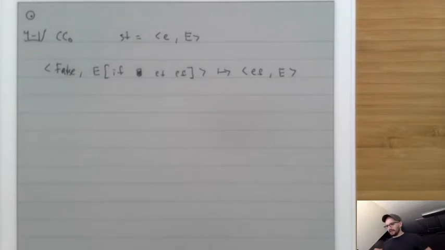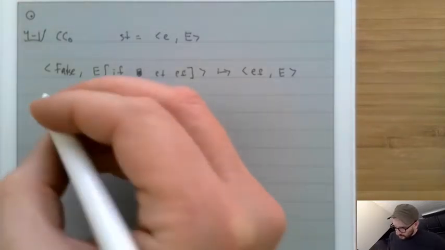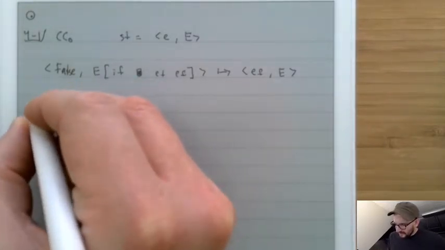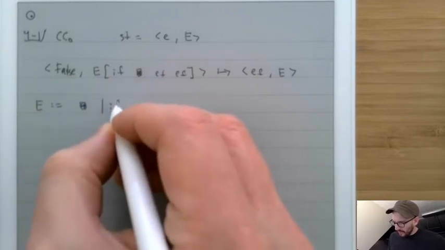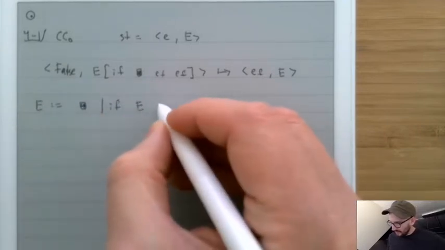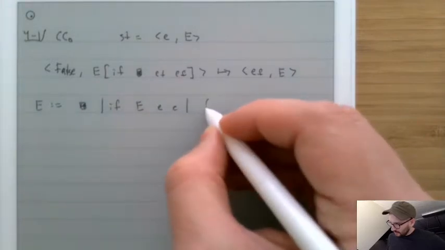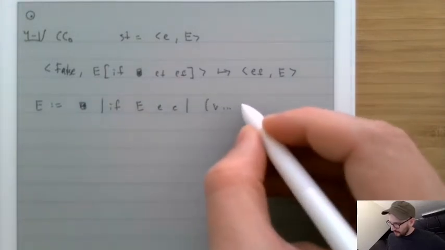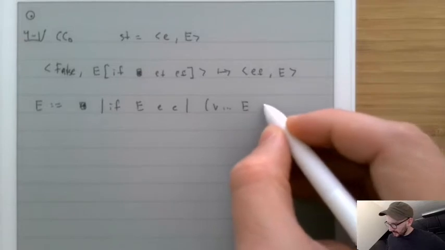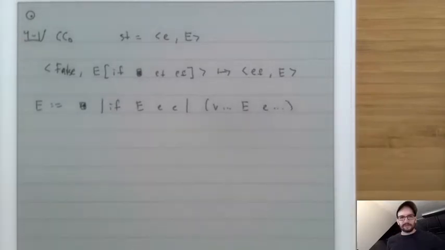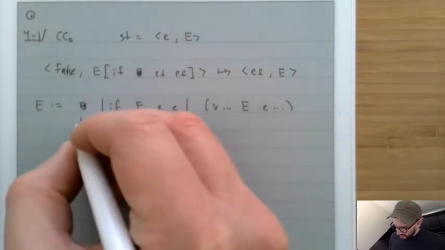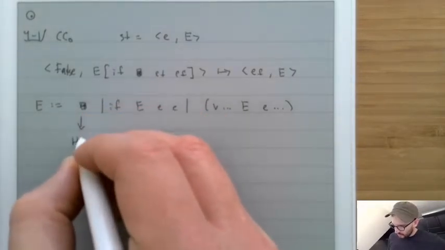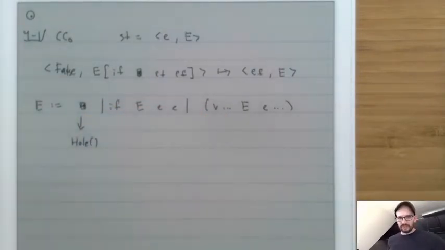if we look at E, its definition is that you either have a hole or you have an if, E, E, E, or you have a sequence of values, then an E, then a sequence of E's. Now, if we were to turn these into data structures, this would be a data structure called hole that has no fields.